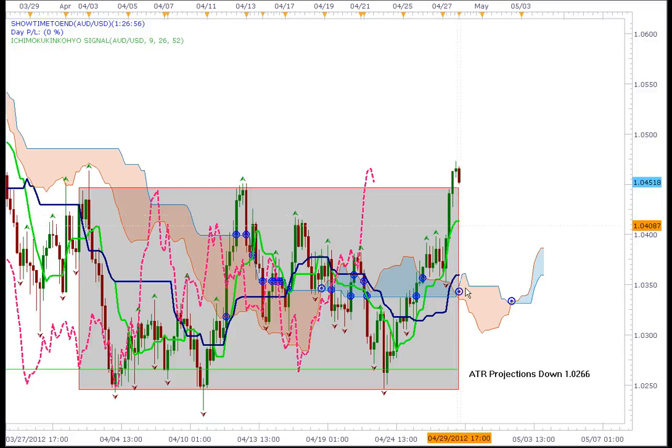Now if it comes down and the market comes through here and comes down, all your signals will be bearish by the time the market gets down to here and breaks this very strong support level. As you see, all these levels getting hit right here on this level. So this would be a strong support level, and if the market broke that level and closed below it, we would try to go short.